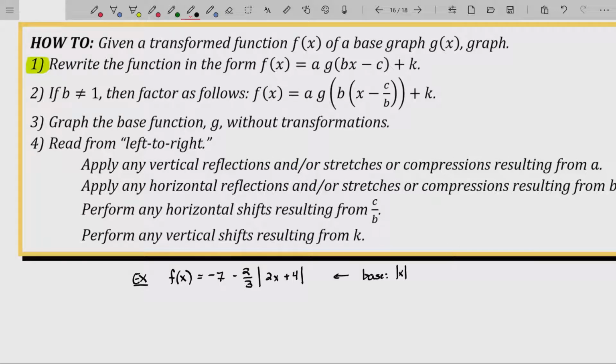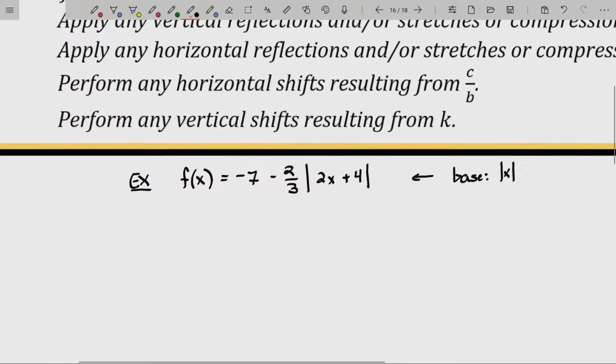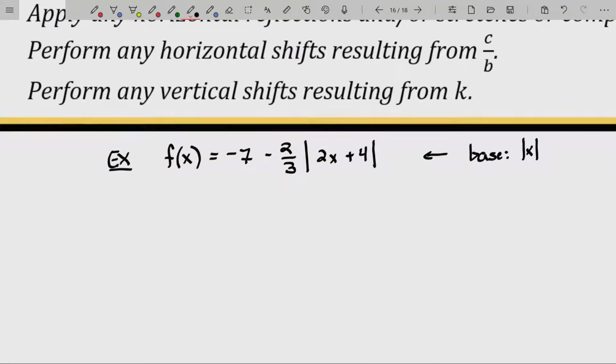So I'd like that term that involves the absolute value to be written first. So what I'm going to do is go ahead and say this implies that f of x is actually equal to -2/3 times the absolute value of 2x plus 4, and a -7.